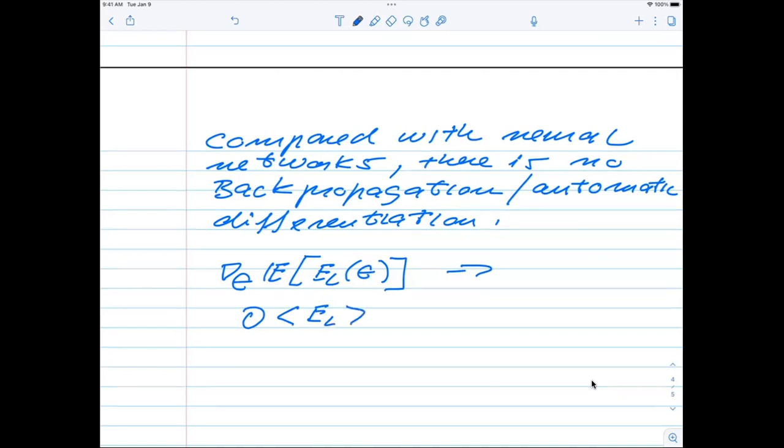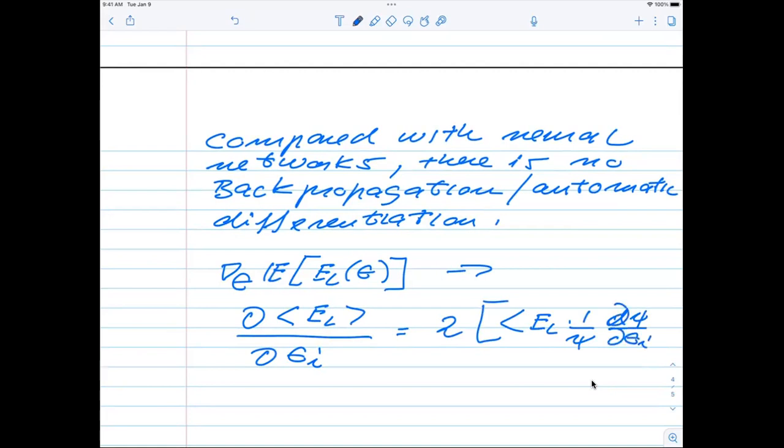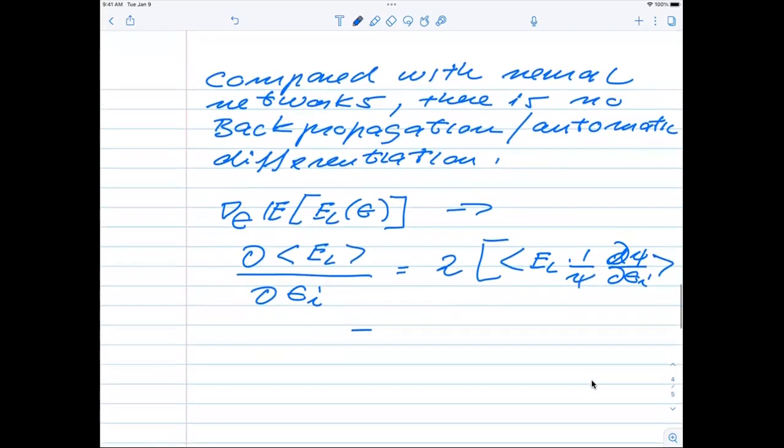So this is the derivative of the expectation value of the local energy with respect to theta_i, and that's going to be given by 2 times the expectation value, so these are integrals over the local energy multiplied with 1 divided by psi, and then d psi of d theta_i, the variational parameters, minus the expectation value of the local energy, which is just the energy we've been calculating before, multiplied with 1 divided by psi times d psi of d theta_i. So this is the same quantity which we now want to optimize.